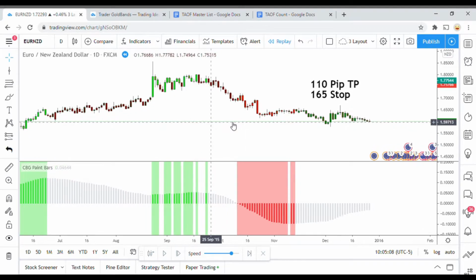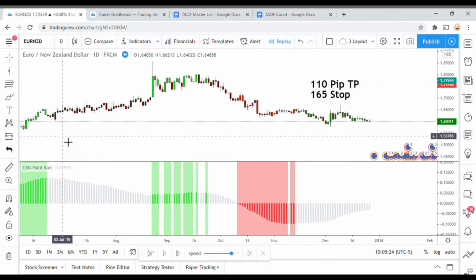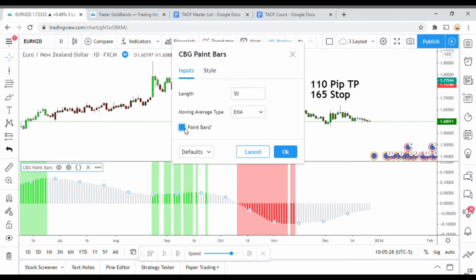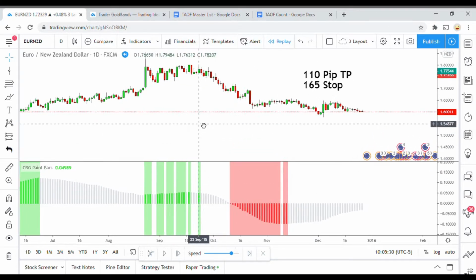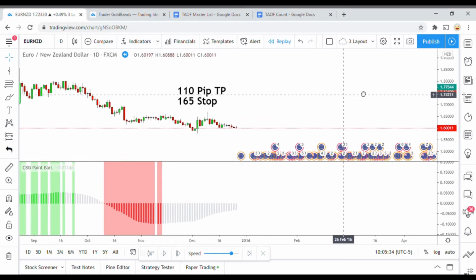And that's basically what we're looking for to take signals, to take trades: when we get the red, we are going to go short and sell. When we get the green, we're going to go long and buy. I do believe I am also going to go in and turn off the color on the bars.